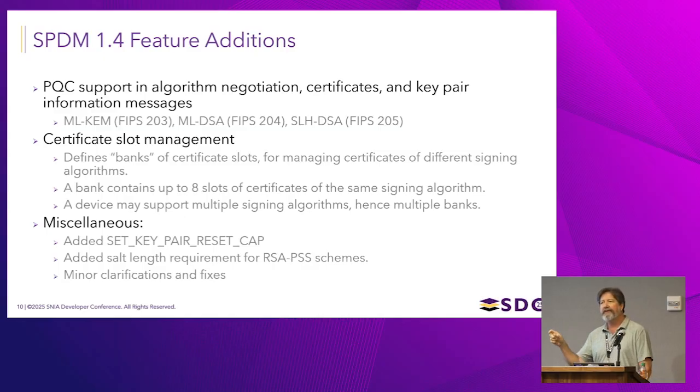And when we put in multi-key, depending on which key you're using and which certificate's associated with it, there's only 1 bank per algorithm, so you negotiate that algorithm, you're using that bank. Well, if you supported multiple algorithms, there was no way to get to that other bank. You'd have to negotiate using that algorithm, then you could start using those certificate slots.